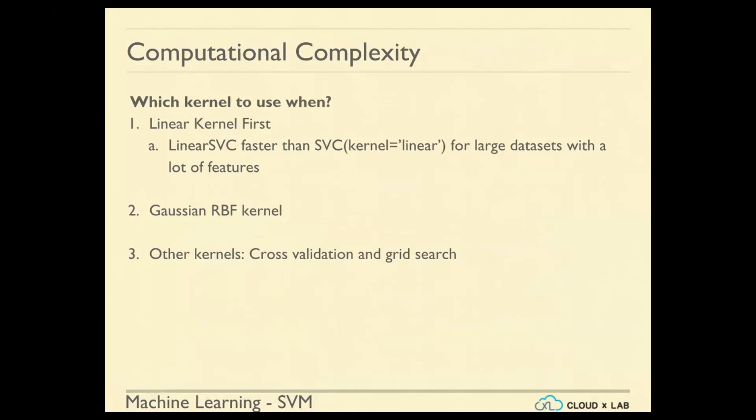A general rule of thumb, I think this is the important part: while doing SVM classification, which kernel to use when? First of all, we should try the linear SVC, which is faster than SVC with kernel equals linear for larger data sets with a lot of features.